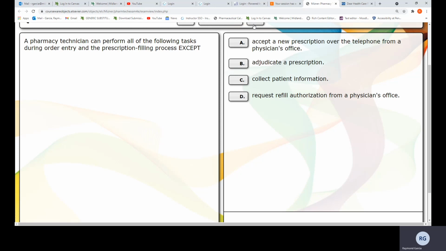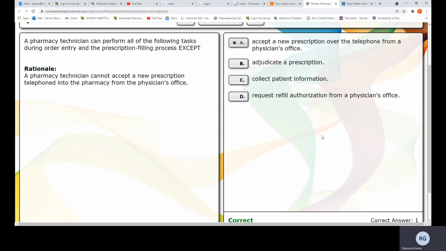Adjudicate means you can run the insurance. Okay? Everybody agree? It is a pharmacy technician cannot accept a new prescription telephoned to the pharmacy from the physician's office.